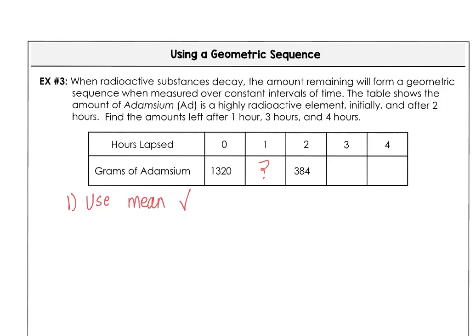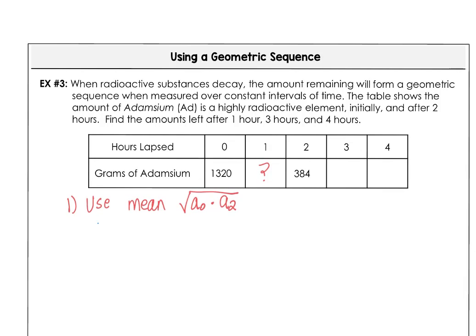First things first, we want to use the geometric mean to find what number goes in here. So we can take the square root of the initial term times the second term, and that will give us the amount in grams after 1 hour. So a sub 1 is the square root of 1,320 times 384.